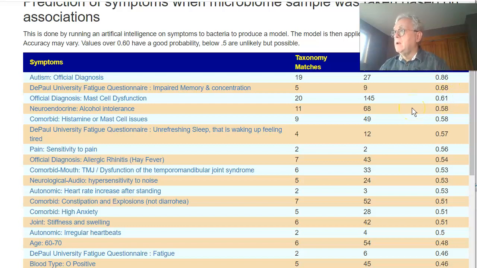We have a half dozen on the other one, and then the other ones are, well, alcohol intolerance, which for a child is not usually what you test. This is again based on the entire population. Some of the things seem to have gone down, which implies that perhaps sleep is getting better, etc.